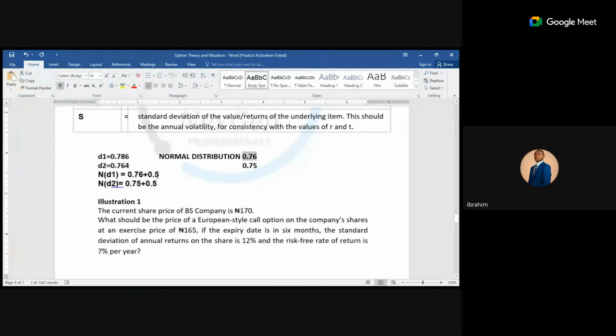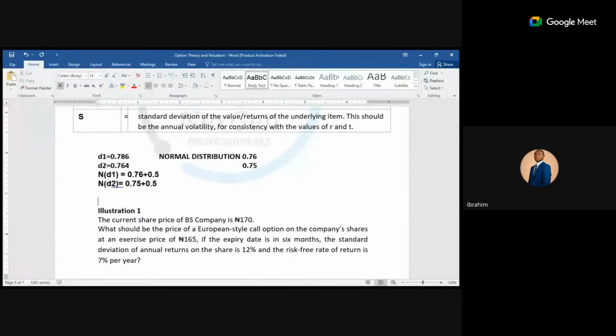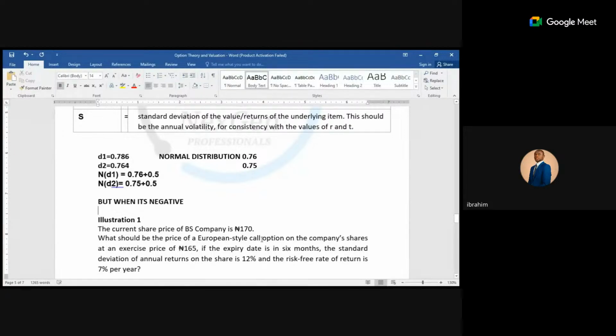But when it is negative, you have to subtract 0.5. Class, this is how it works.